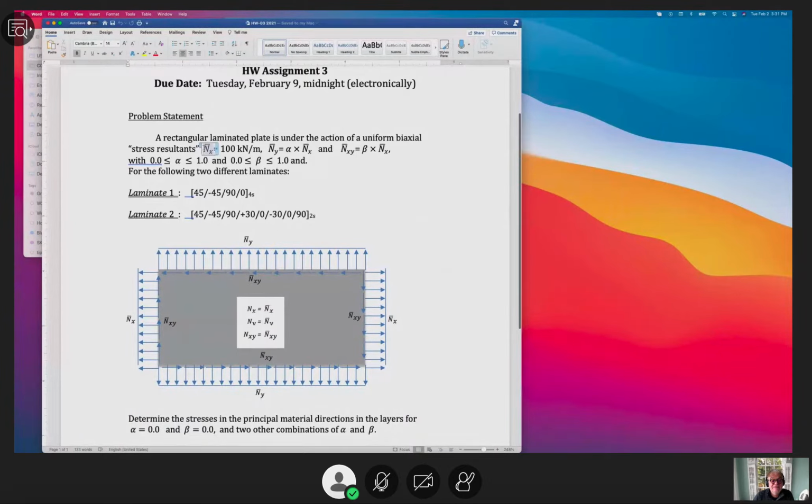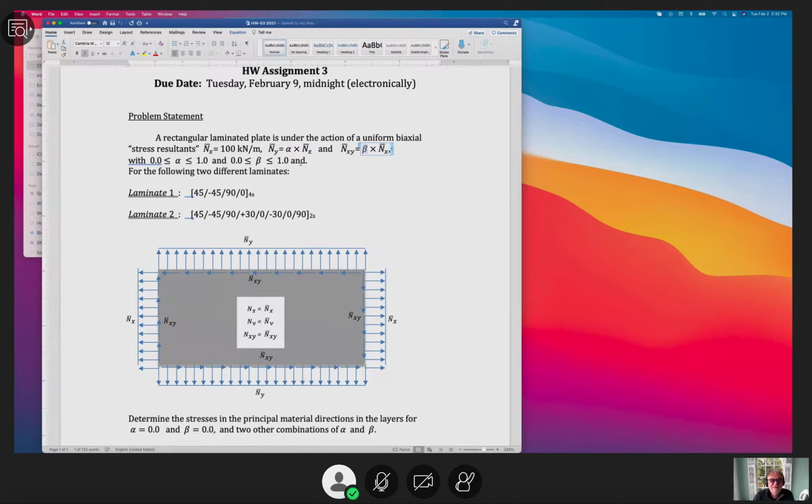Nx is given to be 100 kilonewtons per meter along this edge, and Ny and Nxy can be some fraction of Nx, where those fractions are controlled by alpha for Ny and beta for Nxy, and alpha and beta can vary between 0 and 1.